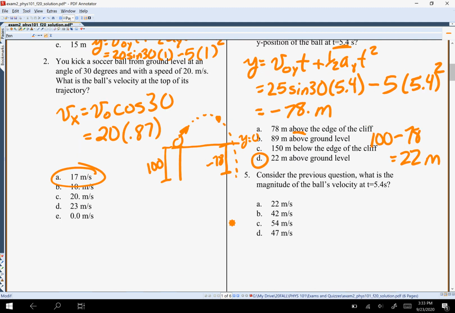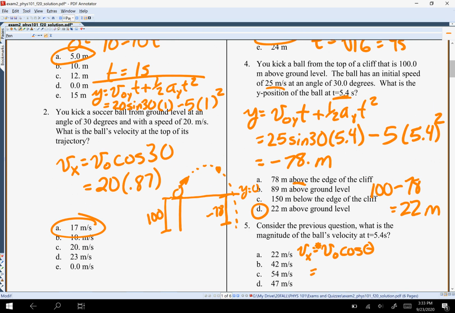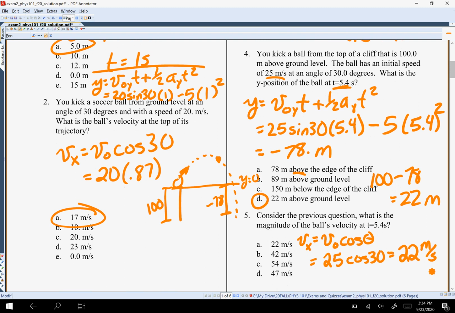Okay, what is the magnitude of the ball's velocity at t equals 5.4 seconds? Well, we need to find Vx first. That's going to be V naught times the cosine of the angle theta. V naught was 25 times cosine of 30, and that's 22 meters per second. That doesn't change.